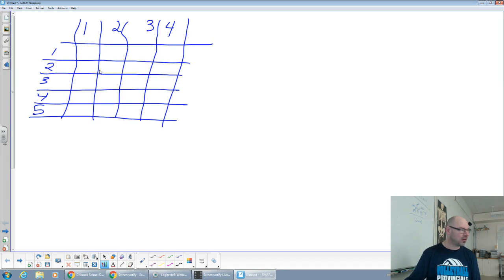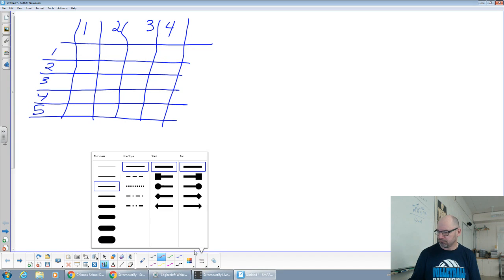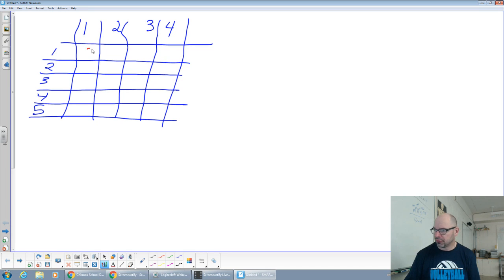Now the sample is going to only be these squares inside, so I'll change colors here so that they're different. And these will be our totals here. Okay, 2, 3, 4, and 5. 3, 4, 5, and 6. 4, 5, 6, and 7. 5, 6, 7, and 8. And the last one here, 6, 7, 8, and 9. So that's our total sample space.